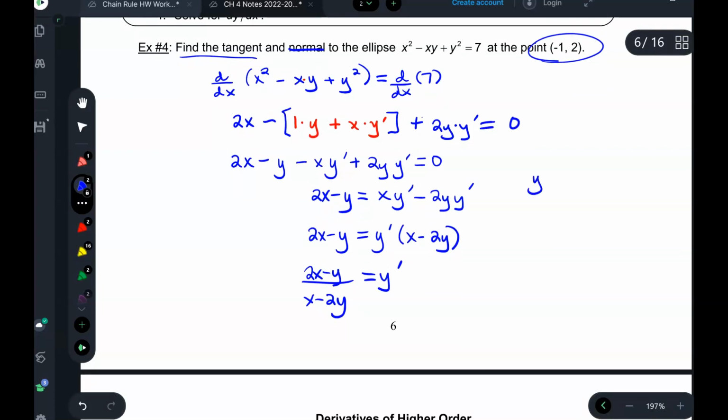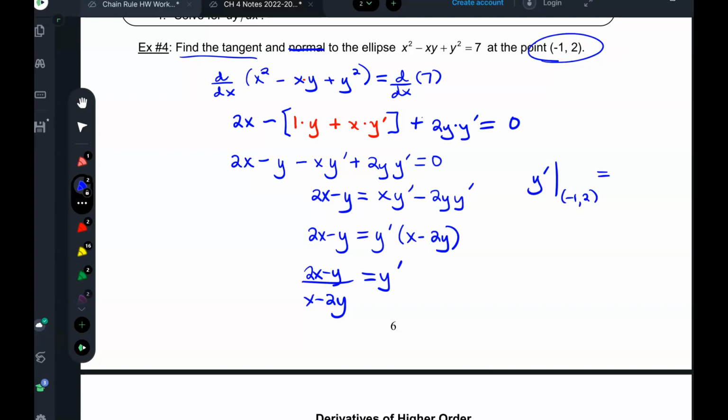So what's y prime evaluated at negative 1, 2? Negative 2 minus 2, so negative 4 over negative 1 minus 4, so negative 5. So 4/5.